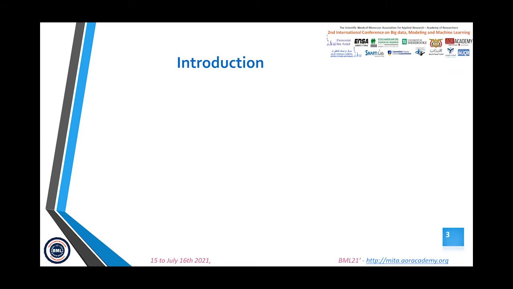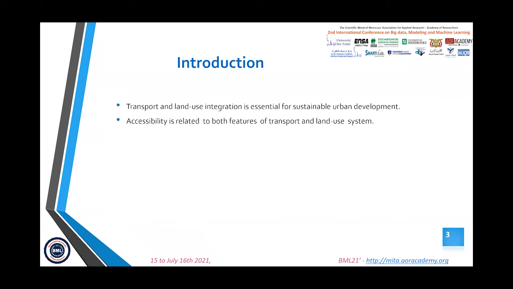First, in both the scientific and professional community, the need to integrate transport and land use policies in order to achieve more sustainable urban development is widely recognized. Accessibility can provide a conceptual focus for this integration because it is related to both features of the transport system as well as the land use system.